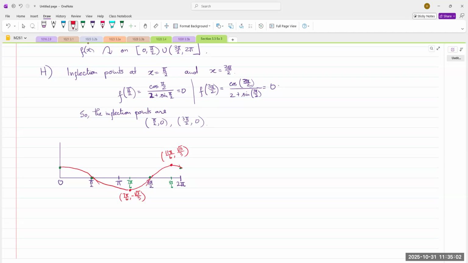Oh, by the way, from here we also see the absolute maximum and absolute minimum are radical 3 over 3 and negative radical 3 over 3 respectively.